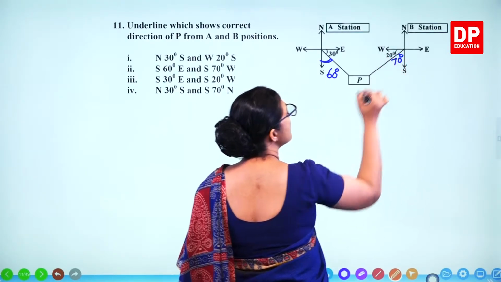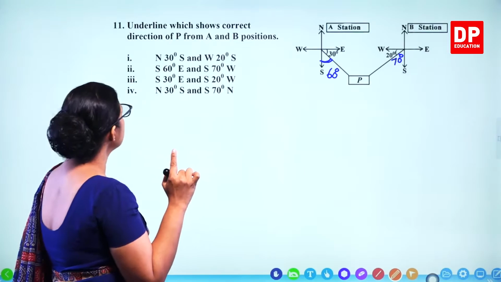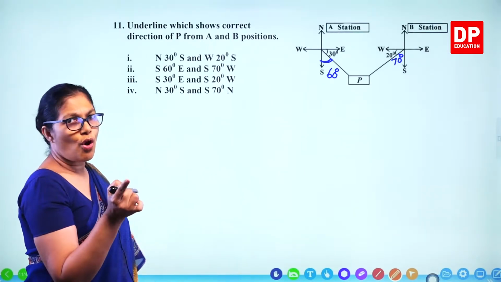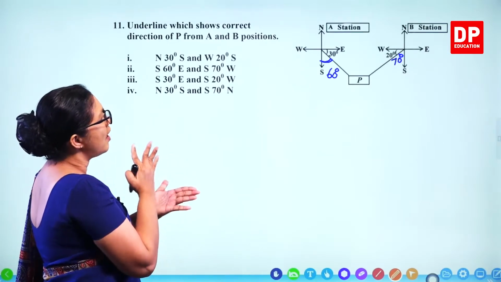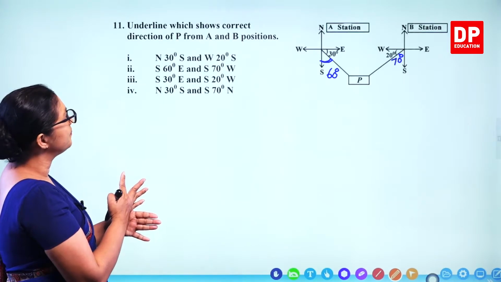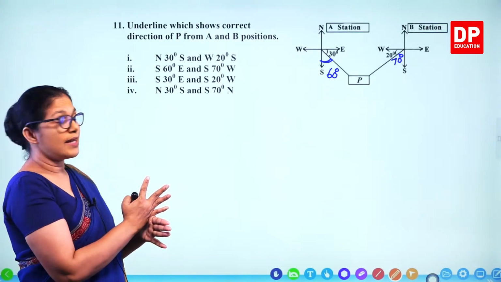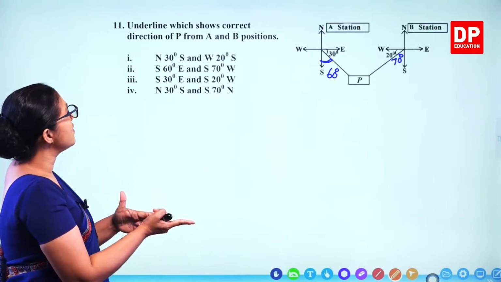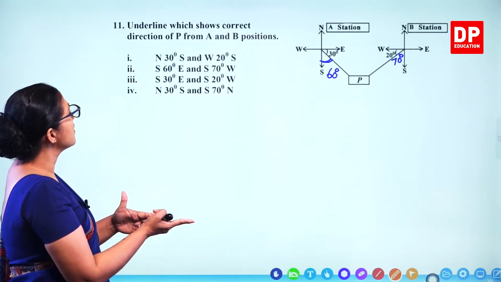And from west, that's 20. So we'll read and see. North 30 south, that's wrong. North and south, 180 degrees. You can't say 30 degrees to south side. So we never write like that. Always north or south with the other direction, east or west.